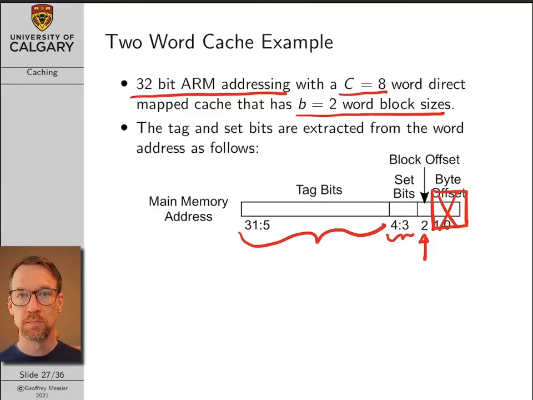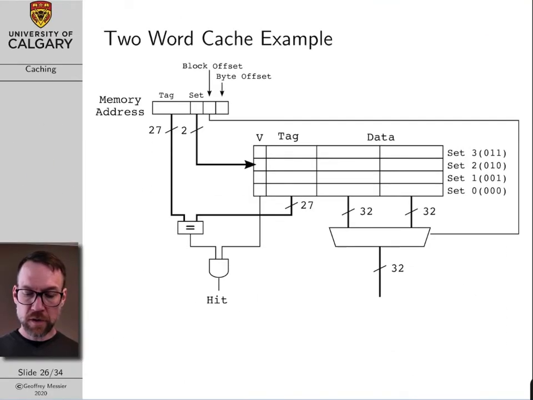The logic circuit that we would use to implement this cache looks something like this. So kind of related, but you can see we've changed things a little bit. We still have a valid bit. We still have 27 bits for our tag. We still determine a hit by comparing the 27 bits of our incoming address with the 27 tag bits that are stored in our cache.